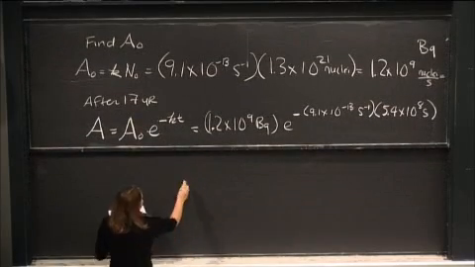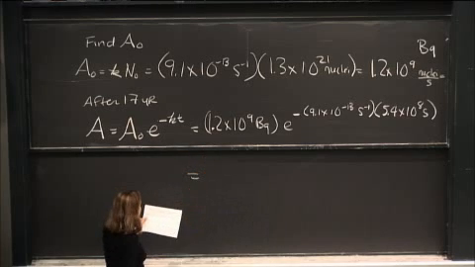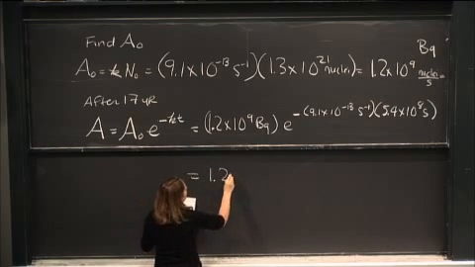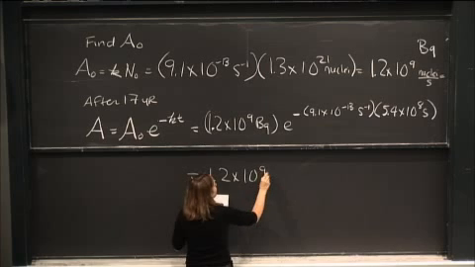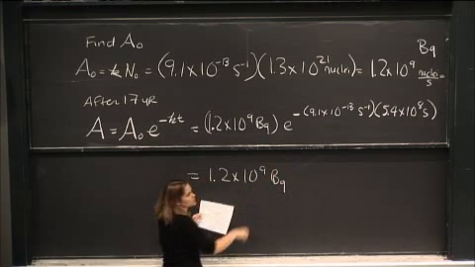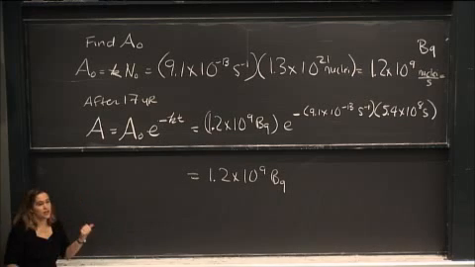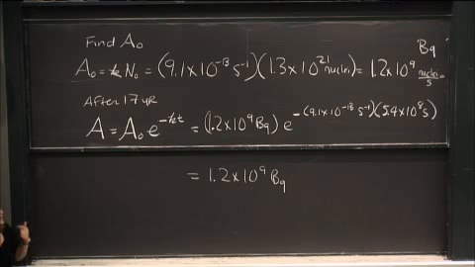And so this term, if we do the math out here with the number of significant figures, that equals 1.2 times 10 to the 9 Bq. That term is insignificant in our problem. So the original radioactivity and the activity after 17 years are the same in terms of the significant figures.